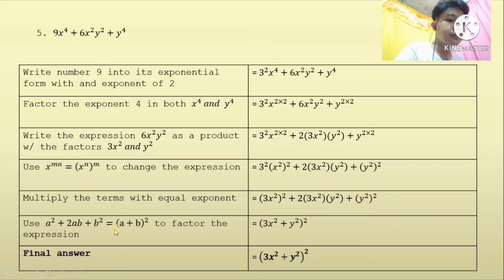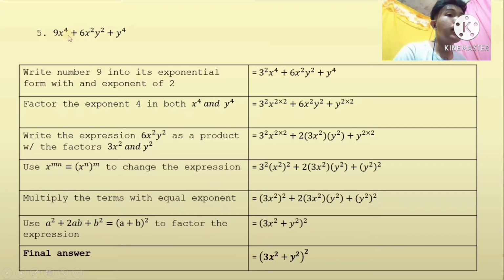Then use a squared plus 2ab plus b squared is equal to a plus b squared to factor the expression. So our expression will be 3x squared plus y squared, squared. So this is our final answer.